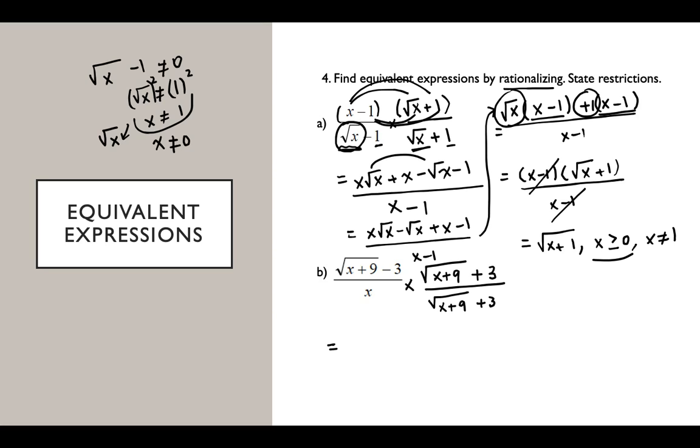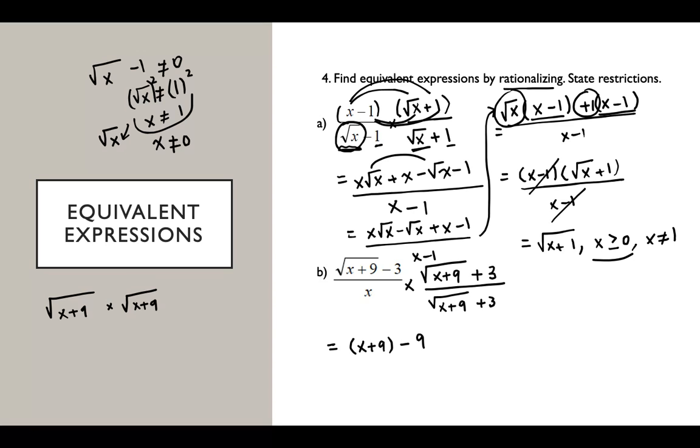Okay, so square root of x plus 9 times square root of x plus 9 becomes x plus 9, and then minus 9. So I'm just showing you the side work, x plus 9 times x plus 9.